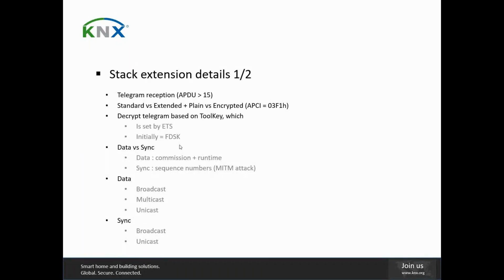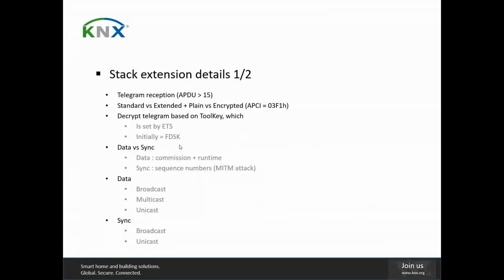The synchronization category is actually only used for anything related to sequence numbers. So to check the sequence numbers, to update the sequence numbers if necessary, because the sequence numbers are, of course, as always, the protection against the man-in-the-middle attack. So that's why we have this specific type of data security telegrams. So these are the two categories.